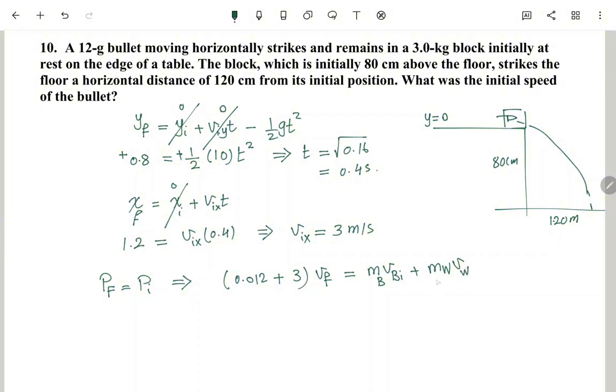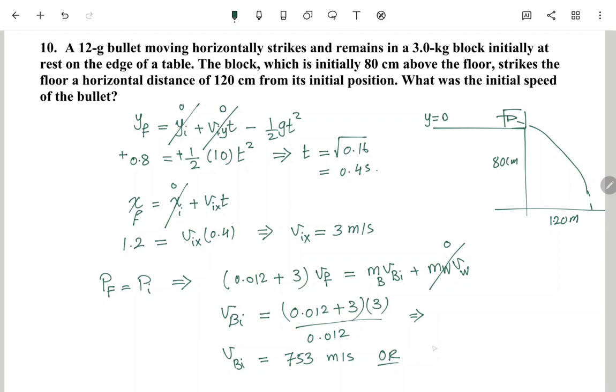Now the block is initially at rest, so this one will be equal to 0, and V final is equal to V initial because on x the velocity is constant. In this case, V bullet initial equals 0.012 plus 3, times 3, divided by 0.012. The initial velocity of the bullet is equal to 753 meters per second, or 0.75 kilometers per second.